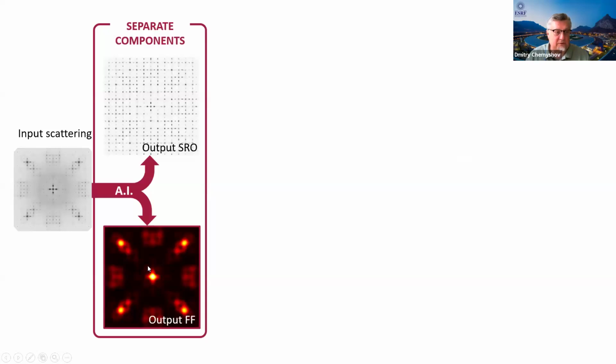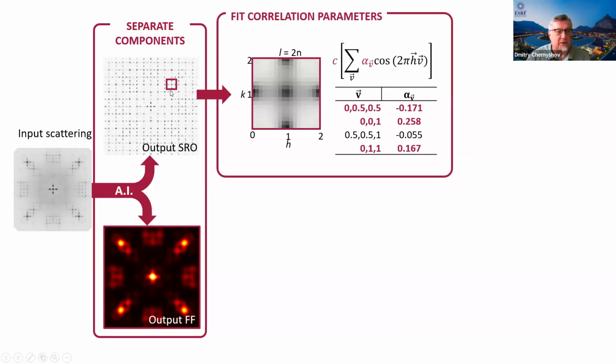Within a few seconds, we have a decomposition into two separate components. The one below is our form factor, and above is our correlation part. For the correlation part, you can take any part of that to find an average over many Brillouin zones.